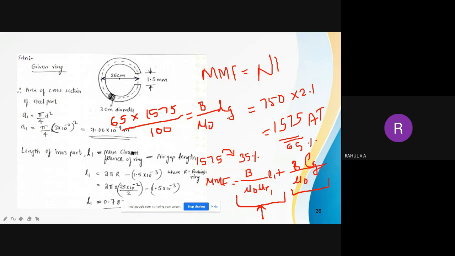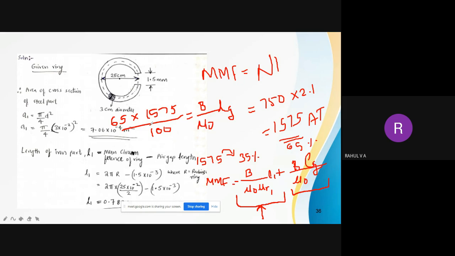We have written this equation only because they have given the condition, assume that 35 percentage of total magnetomotive force is consumed in the iron part. So 65 percentage of total MMF is equal to B divided by mu 0 into Lg.